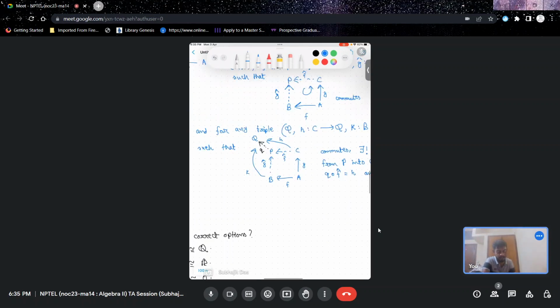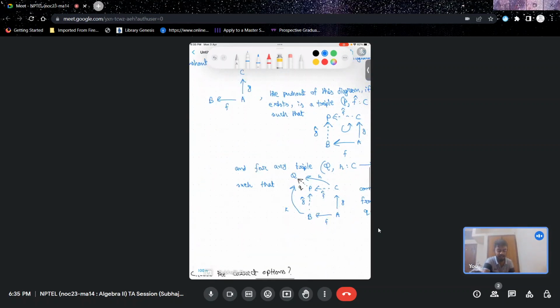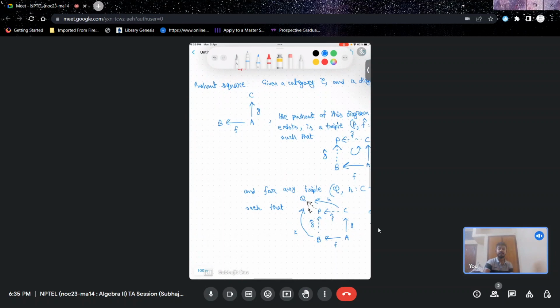So this is the definition of push outs in a category, and there are various examples of push outs in different categories. For example, you can check that in the category of sets and mappings, the push out is given by unions of sets. The push out always has the description that you first take the co-product of the two objects B and C and you take a quotient object of it.